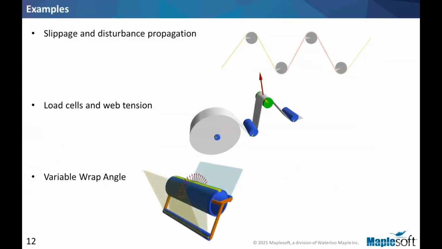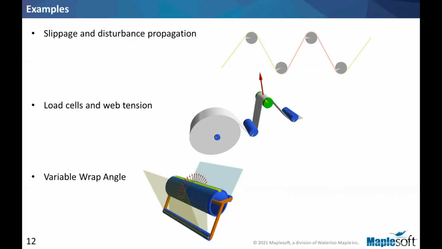Okay, so now I am going to jump into MapleSim and actually look at a few models together. The models that I have selected for this segment of the webinar hopefully will be able to highlight the features that are included in the web handling library.